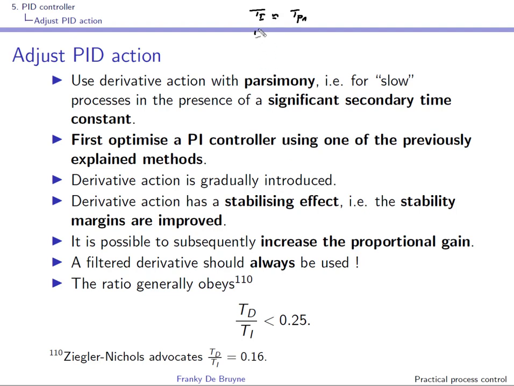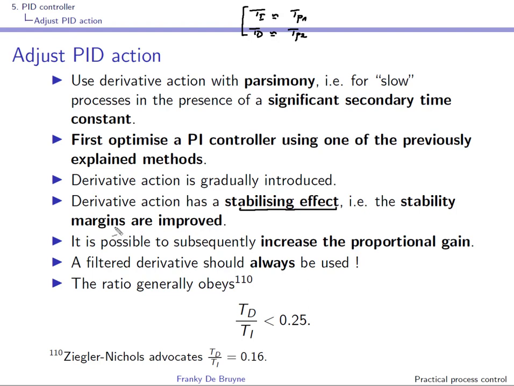You can start from 0, but probably the derivative time constant will be in the neighborhood of this secondary time constant, right? If you introduce this derivative action, you will see that it has a stabilizing effect.